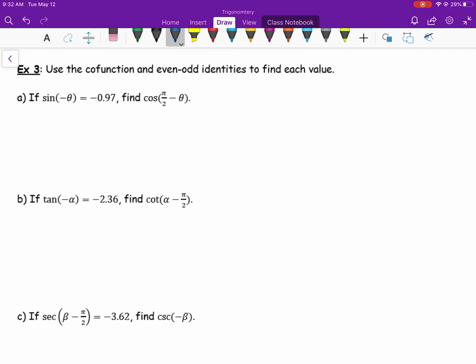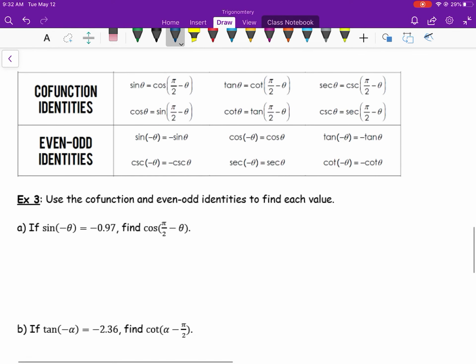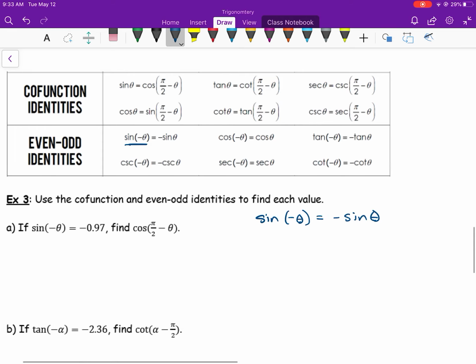Use the cofunction and even-odd identities to find each value. We have sine of negative theta is equal to negative 0.97. We need to find cosine of pi over 2 minus theta. First thing I'm going to do is see what I know. I have sine of negative theta right there, so sine of negative theta is equal to negative sine of theta.